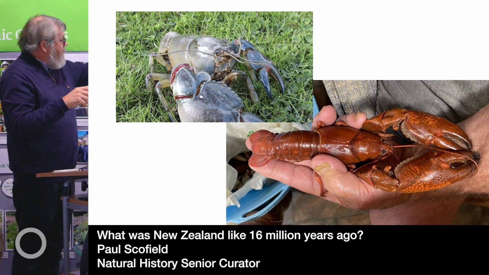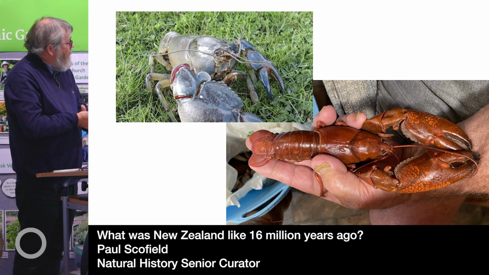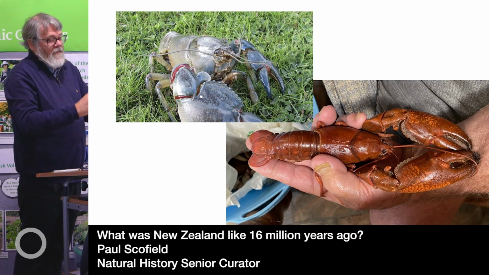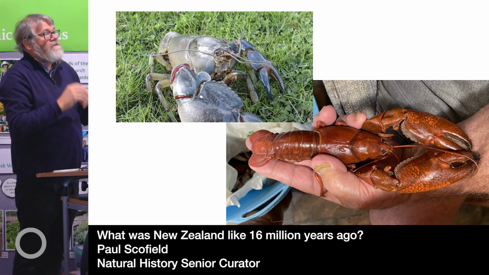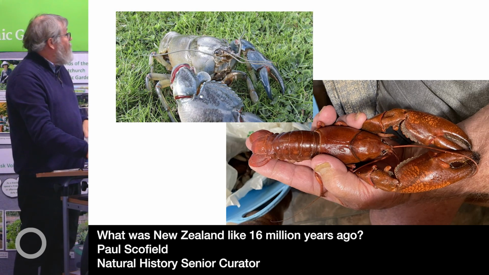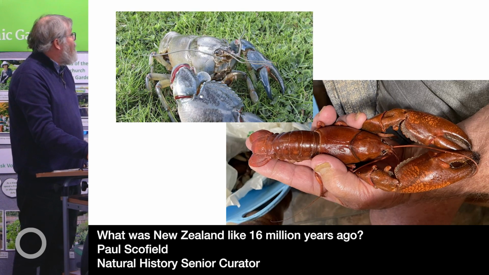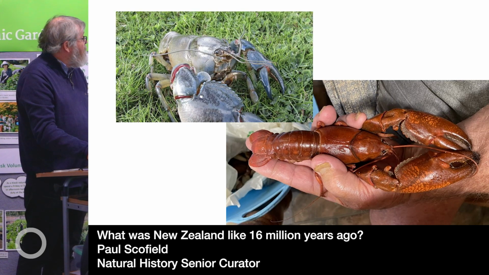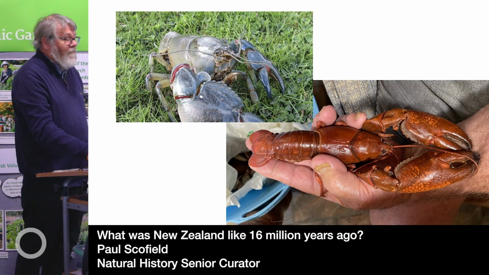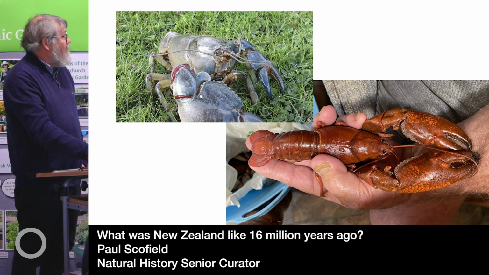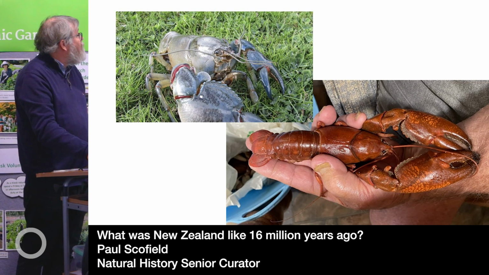In Australia, they get up to the size that you can see there, and even bigger, and have these very large claws like this. And a feed of yabbies, if you catch a couple of those, it's really quite a decent feed, a bit like the New Zealand marine crayfish.